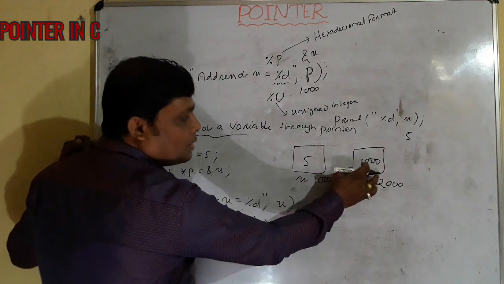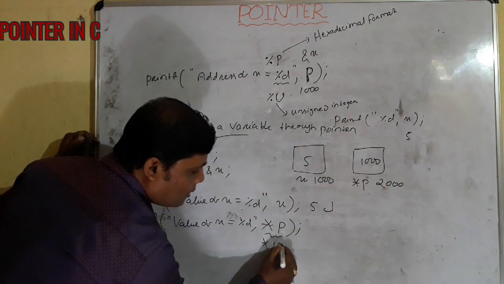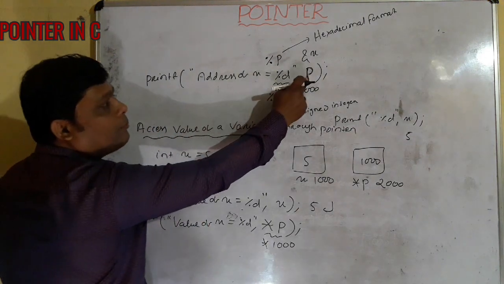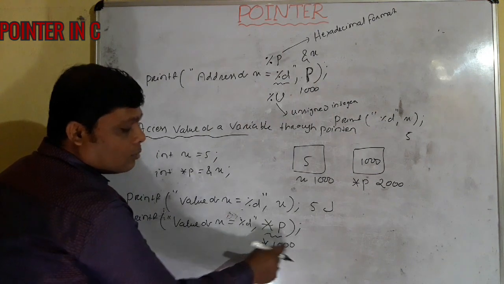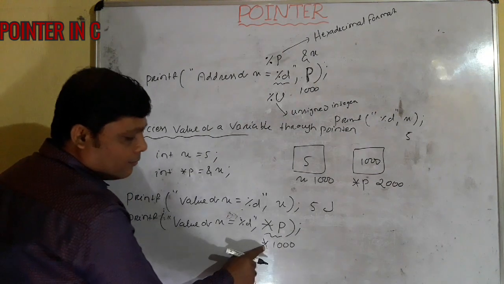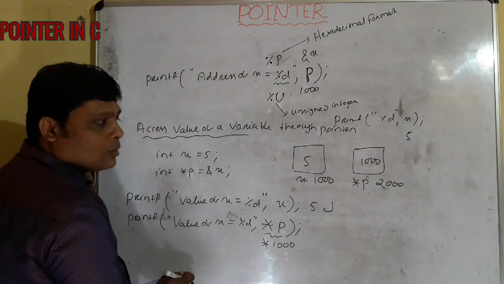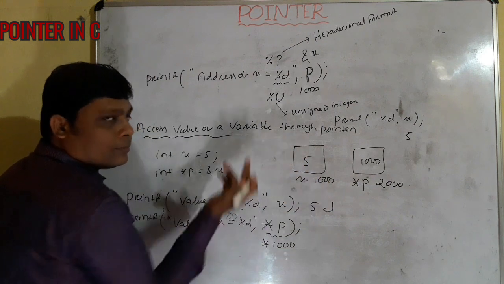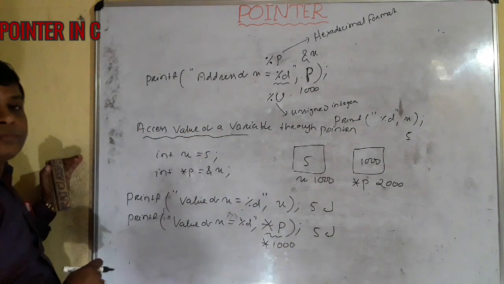What we have stored in p? 1000. That means the value at 1000. We have printed here the value of p, that is 1000. So *p means *1000. It will give the value at 1000. But it's stored in the location 1000, 5. So it will give 5, same as x.